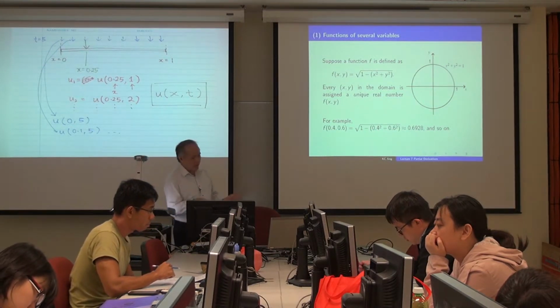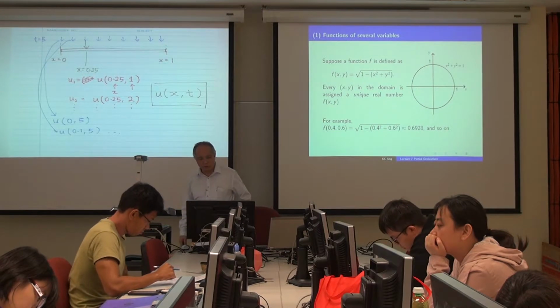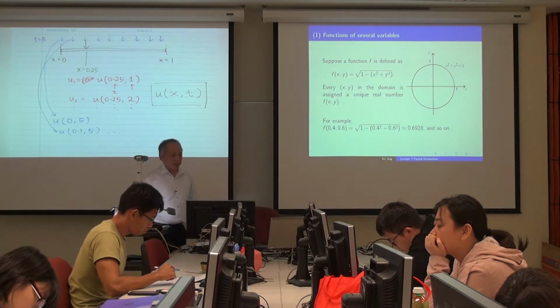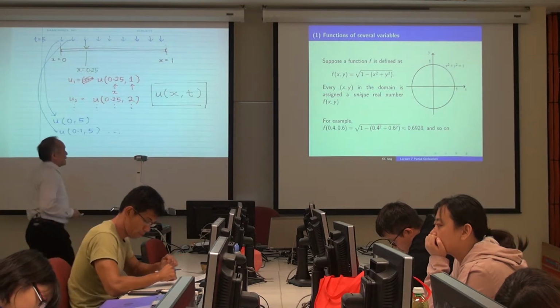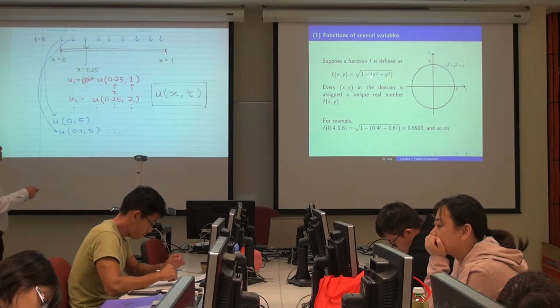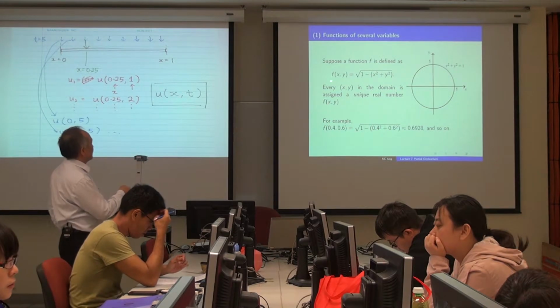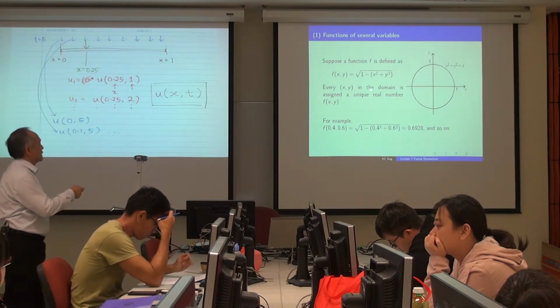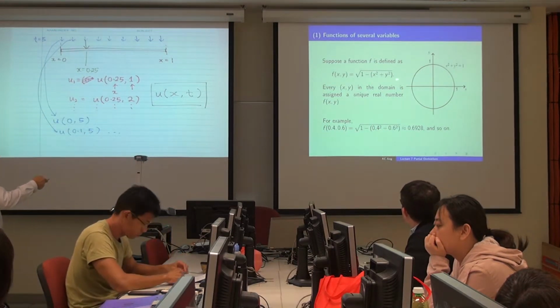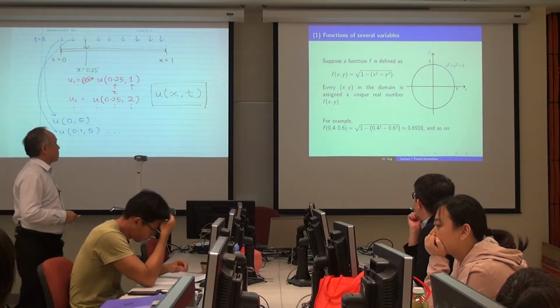We don't have a metal bar, we don't have something physical to imagine. But suppose we just consider a function f defined in terms of two variables x and y. We write it as f(x,y) equals the square root of 1 minus x squared plus y squared.